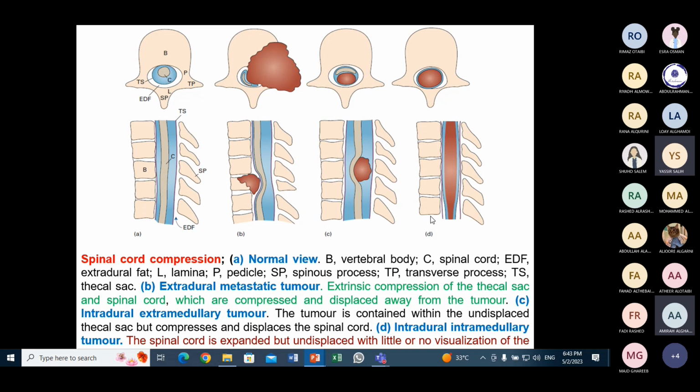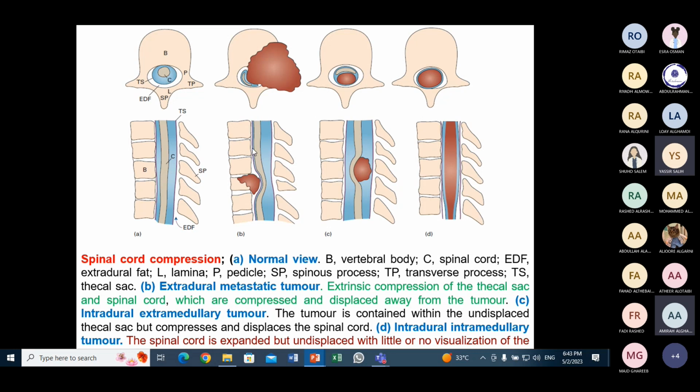So to differentiate between extradural, intradural extramedullary and intramedullary, you have to look at the spinal cord, the cecal sac and the CSF. The cecal sac and spinal cord are compressed to the other side, meaning ipsilateral cecal sac, and the CSF above the level of the tumor is normal.